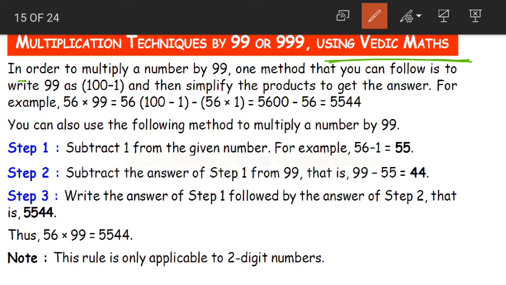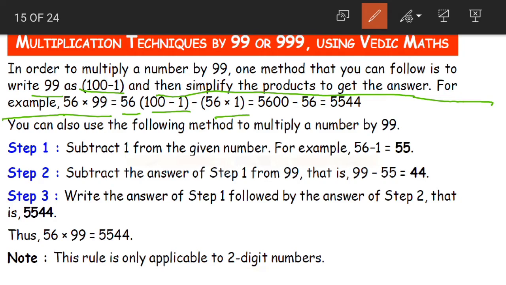Using Vedic maths. In order to multiply a number by 99, one method that you can follow is to write 99 as 100 minus 1 and then simplify the products to get the answer. For example, 56 into 99 is equal to 56 into 100 minus 1.